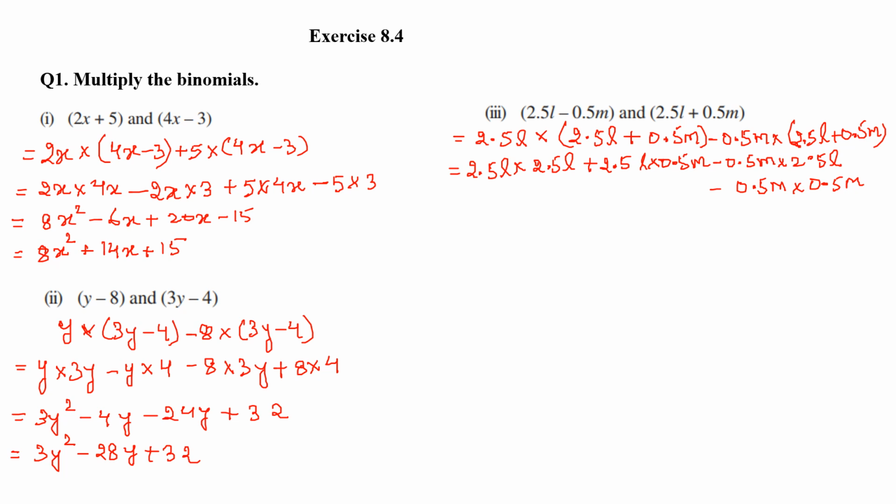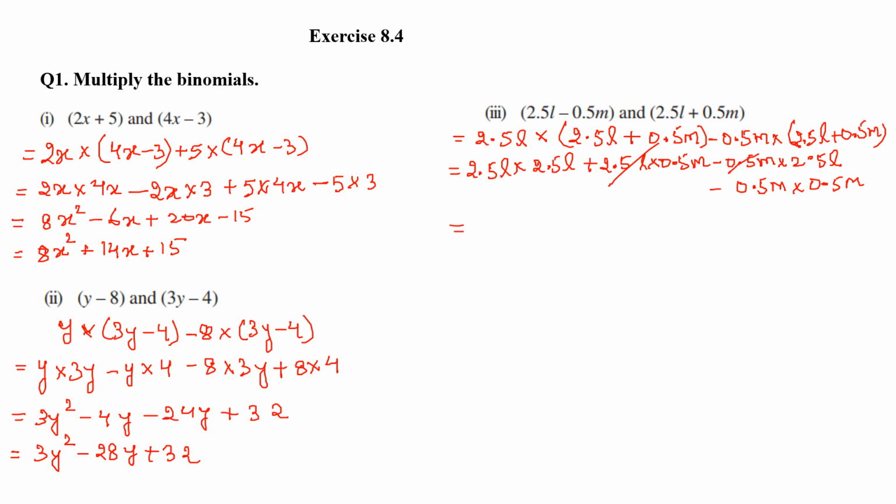If you notice, this is 2.5L into 0.5M, here also 0.5M into 2.5L, and here it is plus, here it is minus. So both are additive inverses of each other, so this will get cancelled out. If you multiply also, this will give the answer as 0.